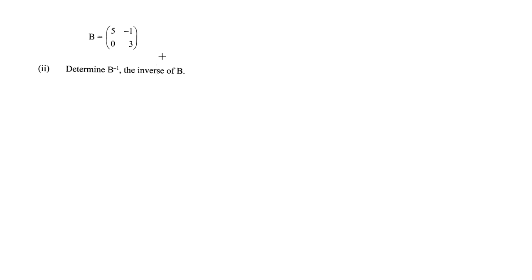Now, if we have a matrix M, which is A, B, C, D, the inverse of this matrix is given by 1 over the determinant, times the matrix where we swap A and D, and change the signs of B and C, giving D, A, and minus C, minus B. So this is how we find the inverse of a matrix.